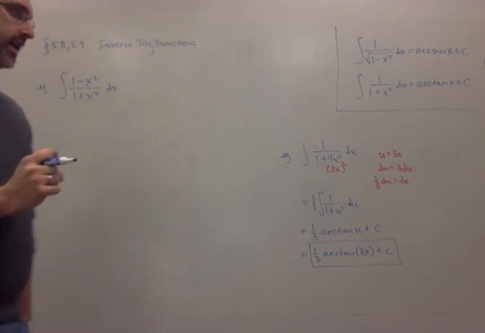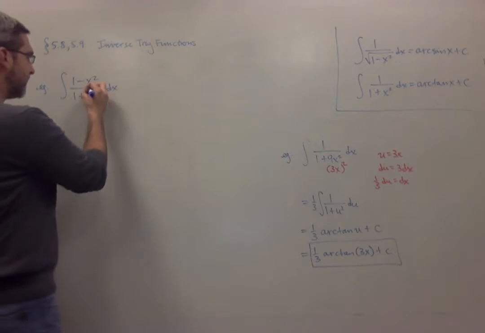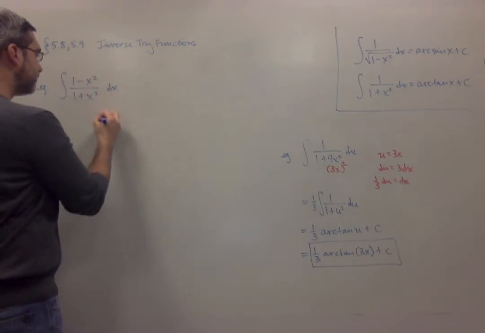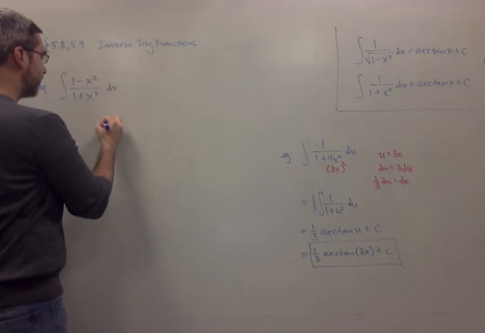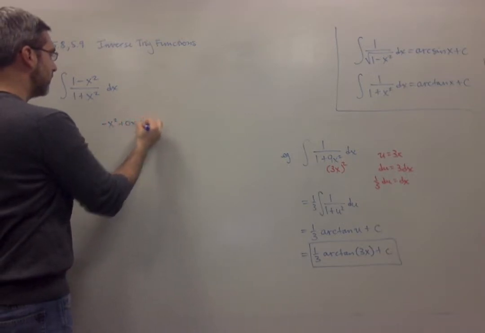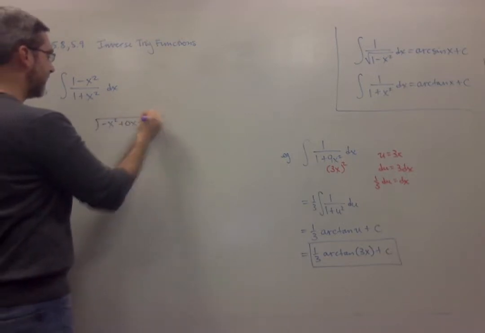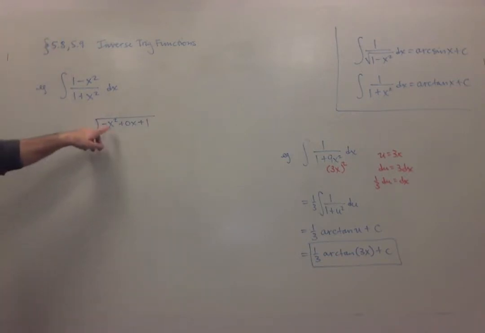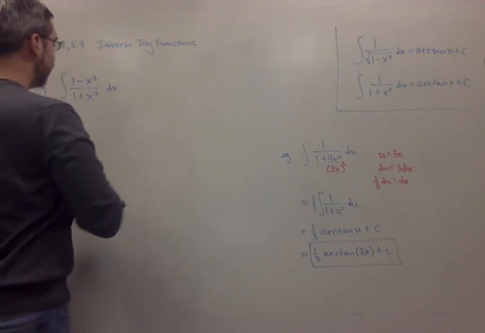And as a reminder, the way long division works here is you write the polynomial that's on the top first, and you do it in order of highest power of x first. So I'm going to write negative x squared. Let me write that a little bit bigger. Negative x squared.